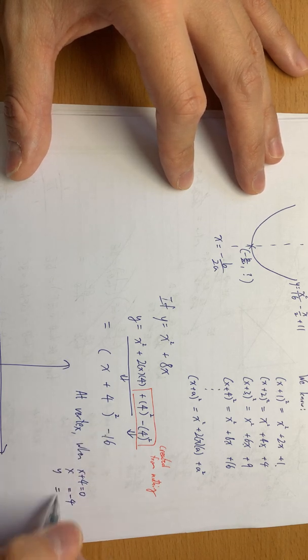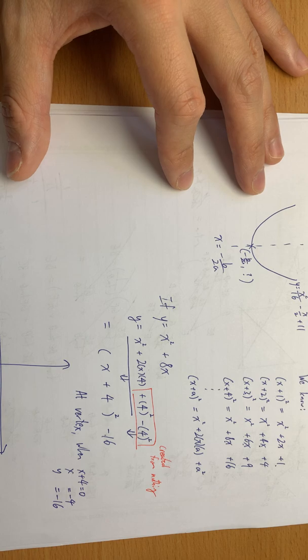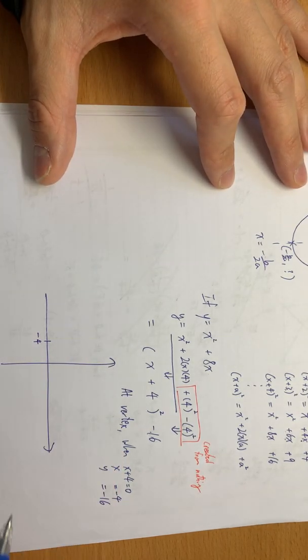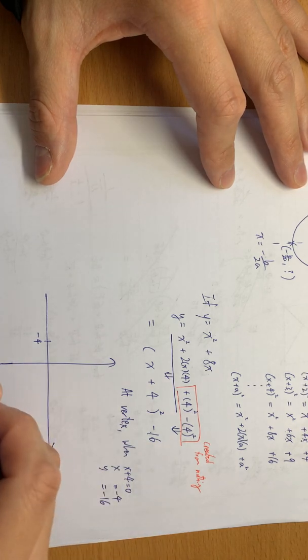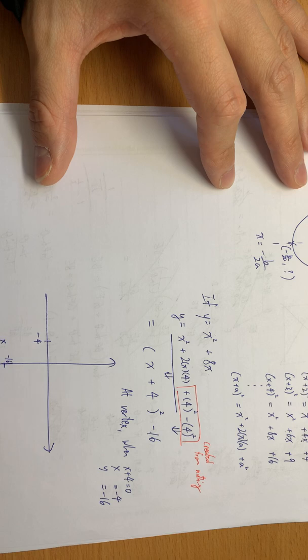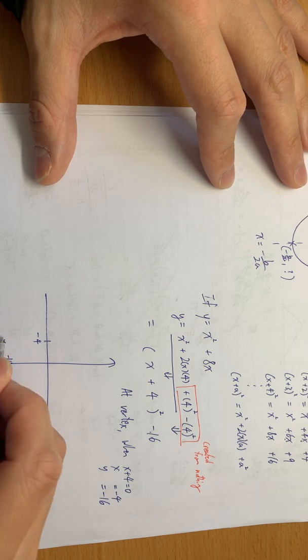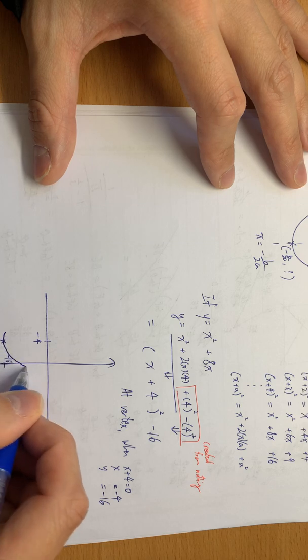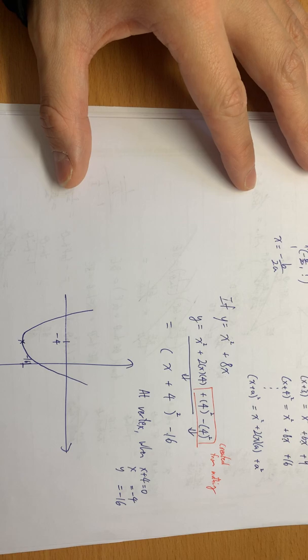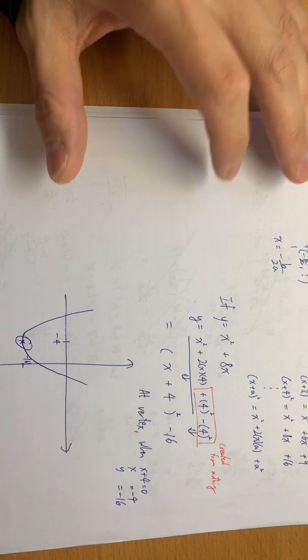So y will equal negative 16 at that point. So we can easily locate negative 4 and negative 16. When x equals negative 4, then the result will be negative 16. And all other values next to it will simply make it larger. So you can very quickly find out the vertex by this method.